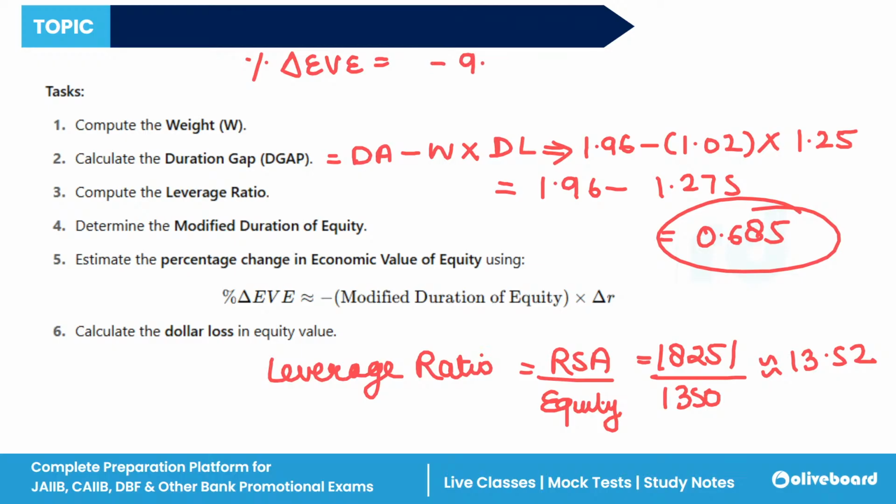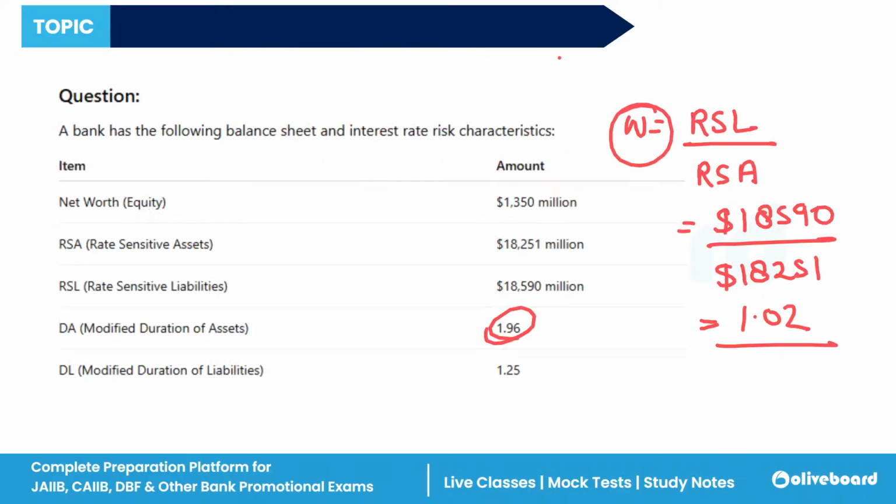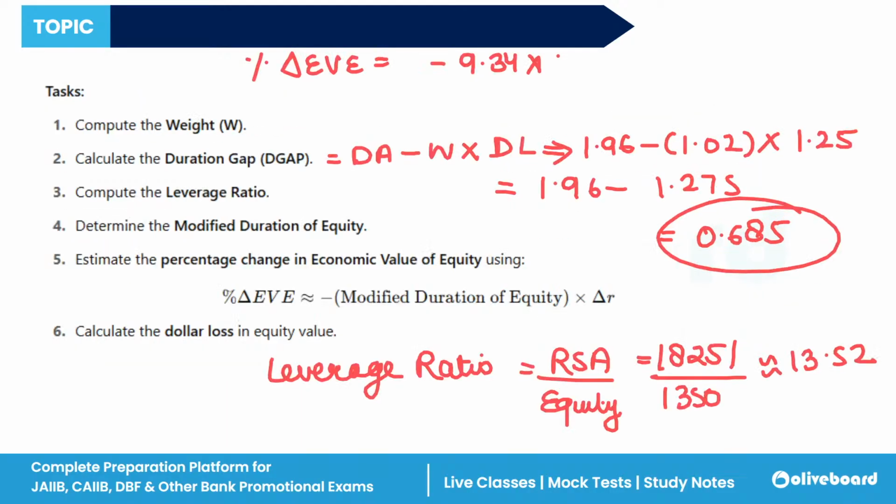Duration of equity multiplied by R, that is 0.02. So it is equal to minus 0.1868.